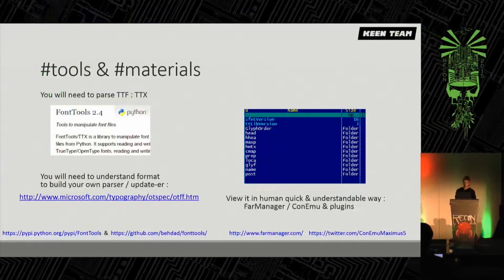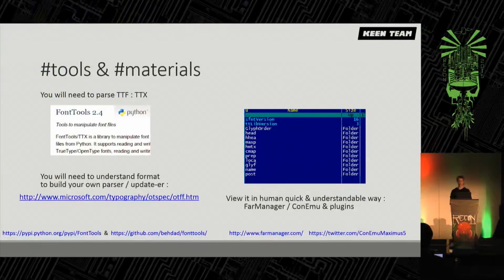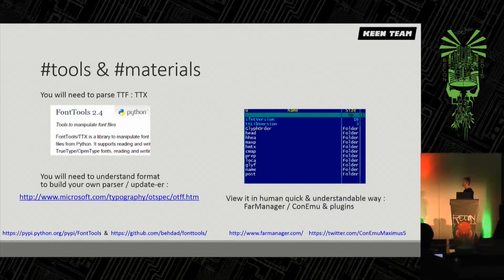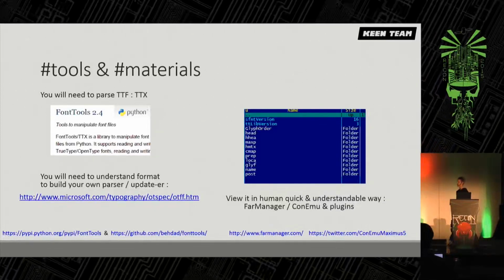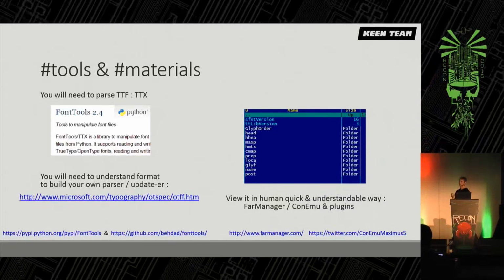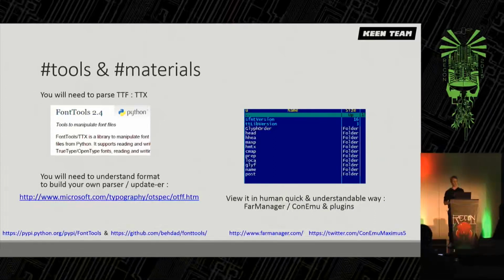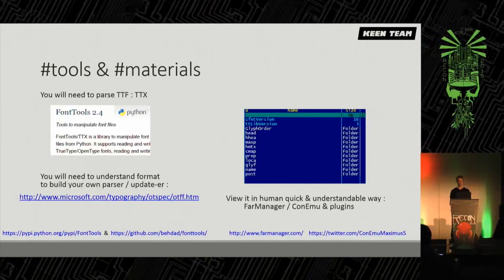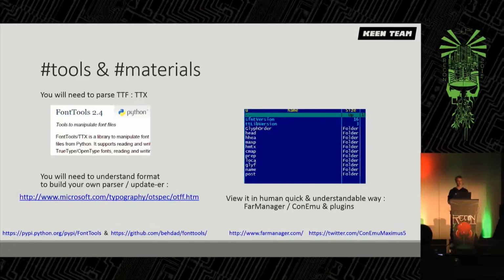At the beginning, we got some crashes. And the first thing you will need when you want to exploit TTF is a way to parse the TTF formats. For this, some good tools are available. I recommend the TTX font tools for Python.